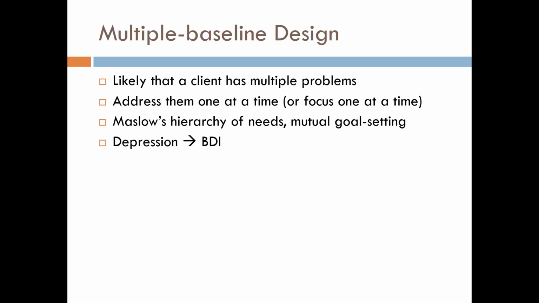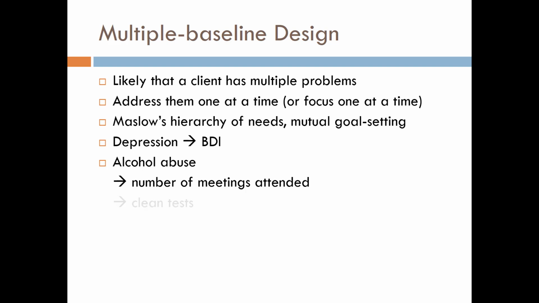So let's say our client has depression, we're going to measure that with the BDI, but they're also abusing alcohol, so we may want to measure that by the number of meetings that they attend, and maybe also whether they have clean tests, if they're required to give a drug test every week.